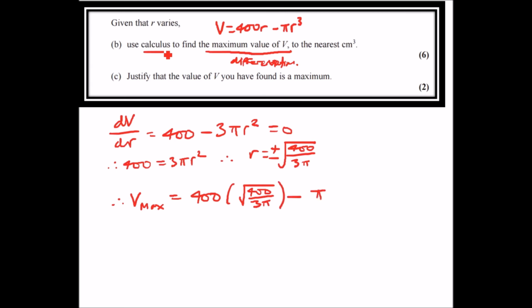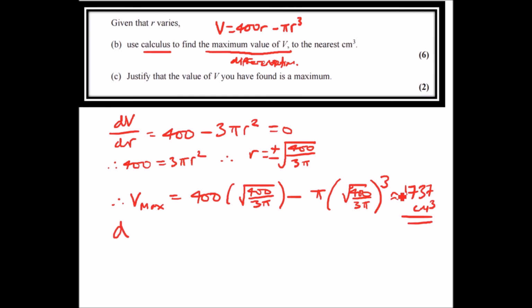So the volume is 400 times r minus pi r cubed. Putting this in the calculator, according to my calculator, to the nearest centimeter cubed, this gives us 1737 centimeters cubed.